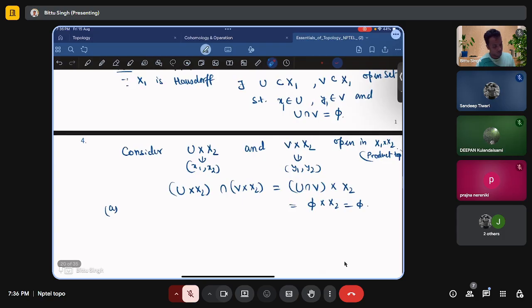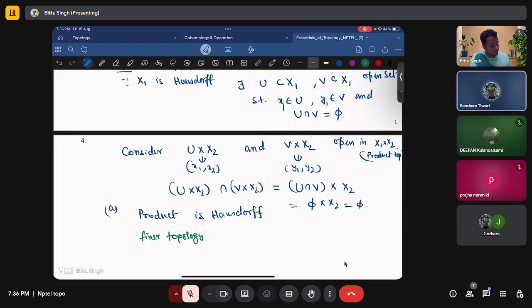So option A, the product, is Hausdorff, and you can either use this fact or prove it directly for the finer topology. Sir, you have proved it for a finite product.